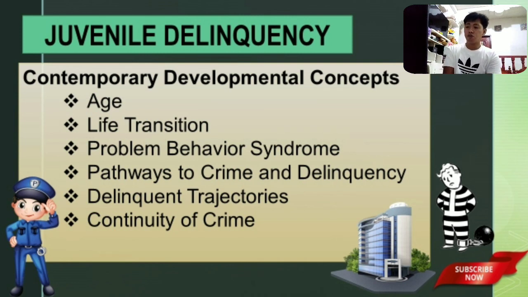So those are the possible reasons kaya naniniwala ko na madalang lamang yung nagtutuloy ng kanilang delinquent acts as they grow old. So those are some of the contemporary developmental concepts that we know of in terms of juvenile delinquency.